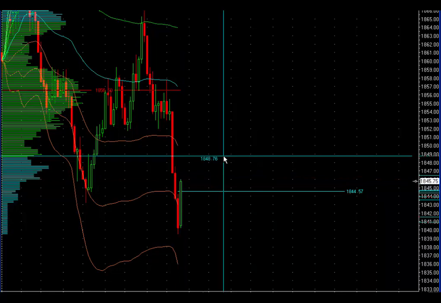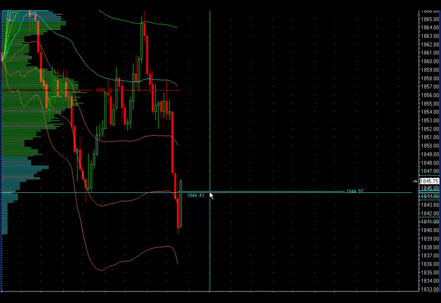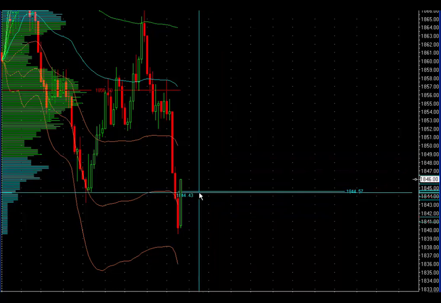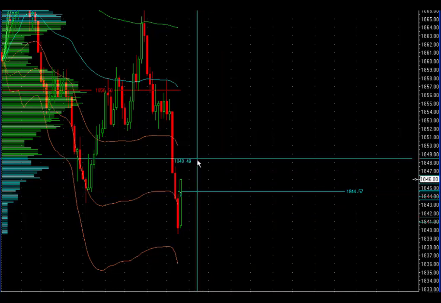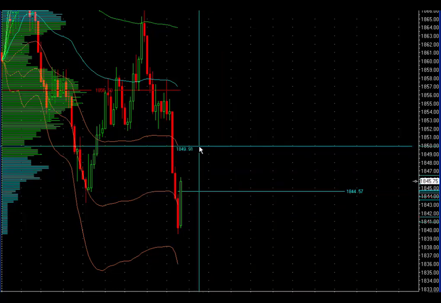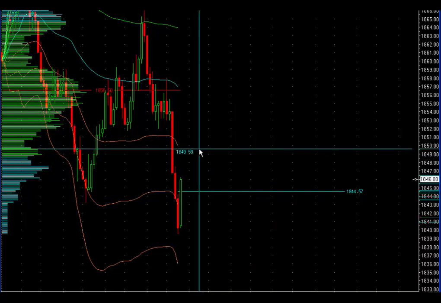So when you're below the VWAP, you always have a downtrend, and we're trading long with our entry at 844.50, and we're looking for an exit around 849.50, about here, right here, 849.50.